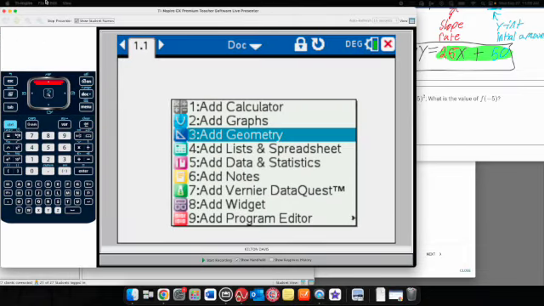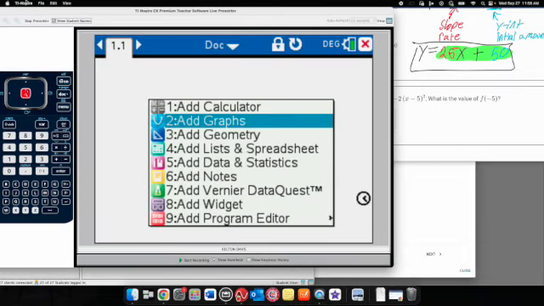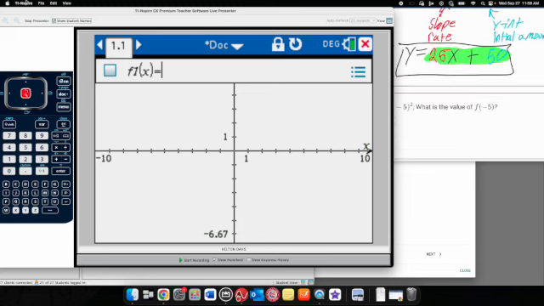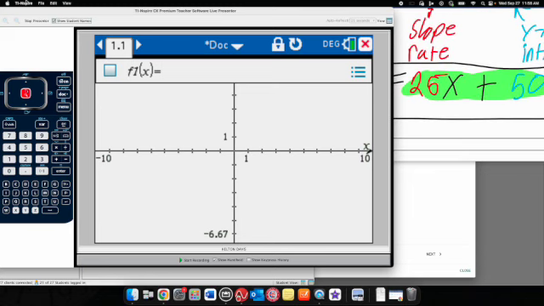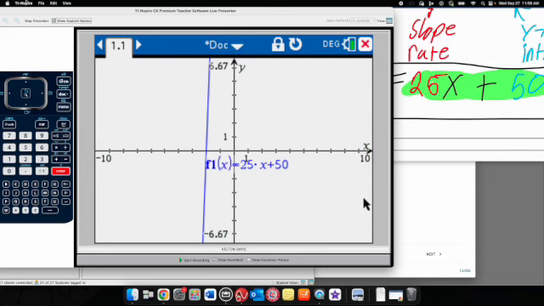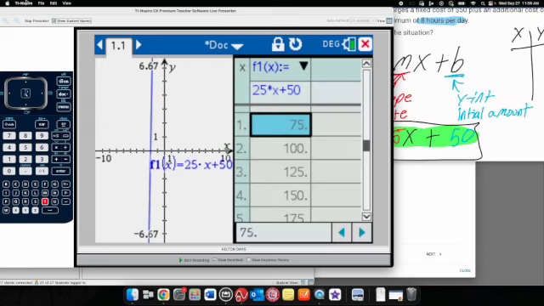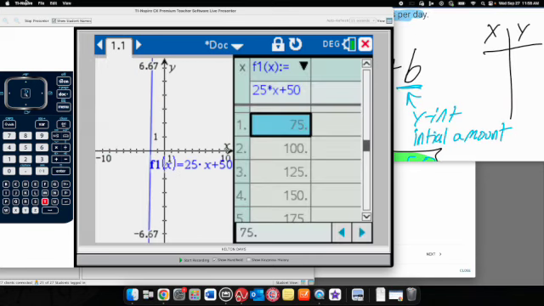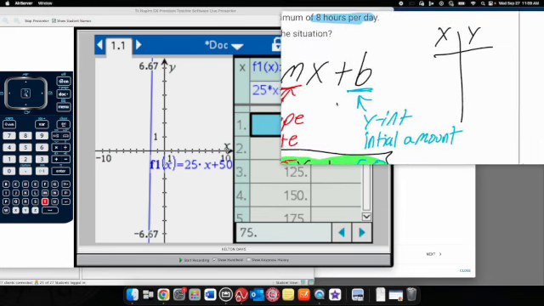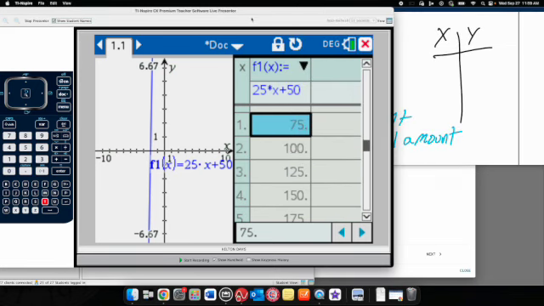All right, go ahead, add a graph for me, sir. And the function that we are graphing is 25x plus 50. Perfect. Let's pull up our table. That's what we're trying to get to. Alrighty, now, Kelton, here's some tricky questions for you, sir. What is the least amount of hours this electrician could work? 0, absolutely.